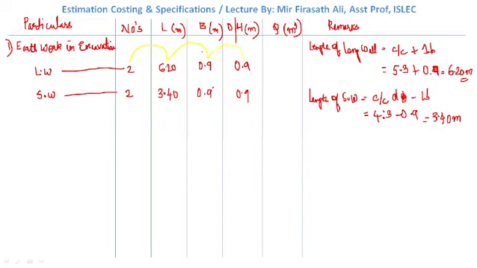We get the value over here. What is the value? 2 into 6.20 into 0.9 into 0.9, we get the value as 10.04 meter cube.